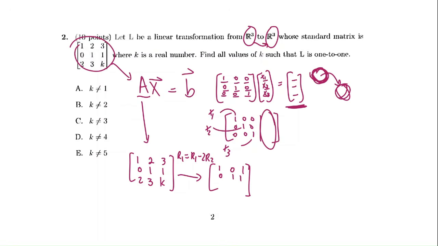And then after this row operation, we can do row 3 equals row 3 minus 2 row 1, where row 1 is now this new row 1, 0, 1, and that will give us 0, 3, and k minus 2.